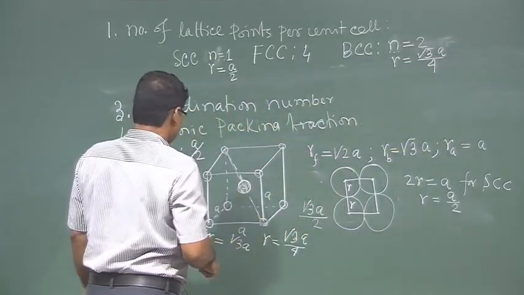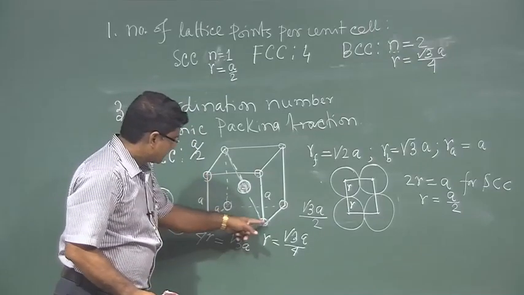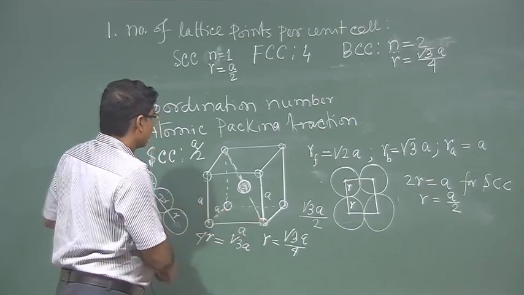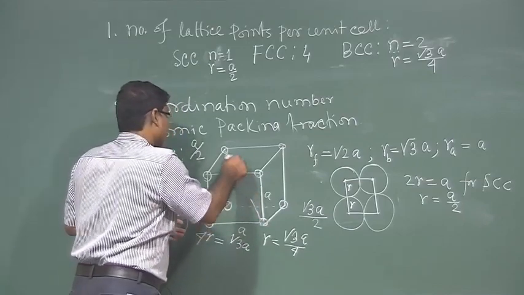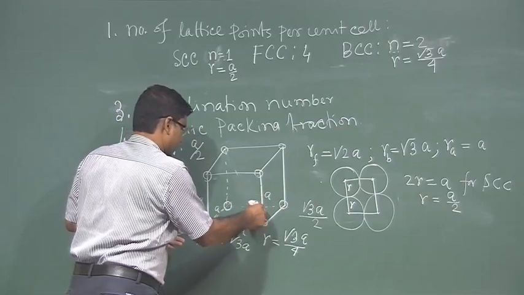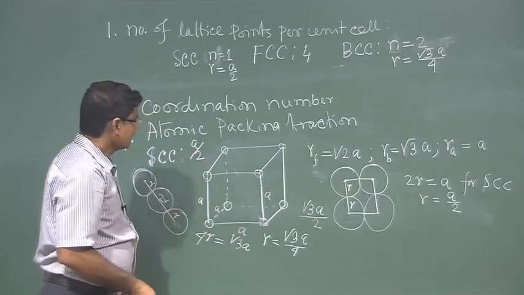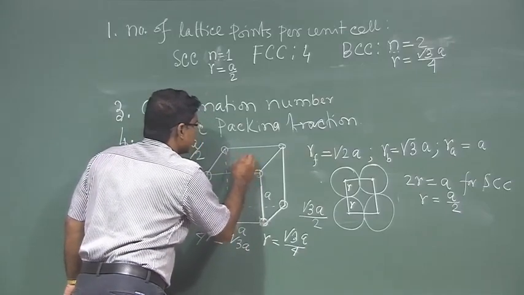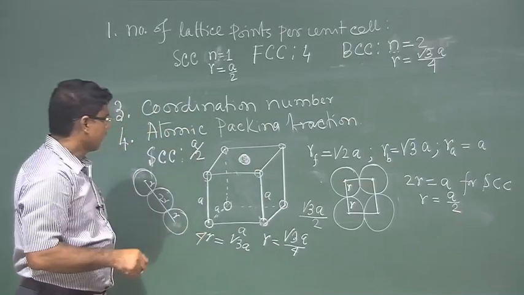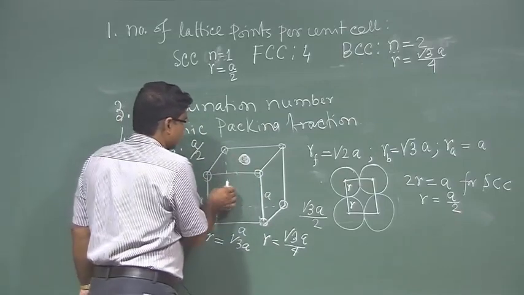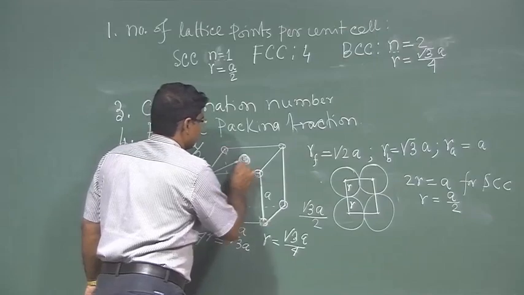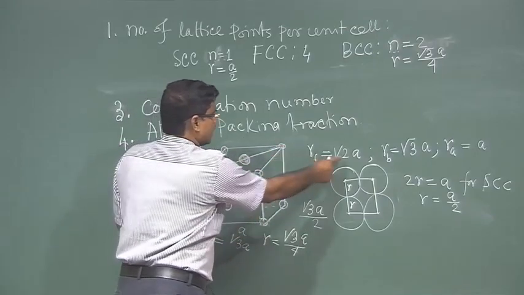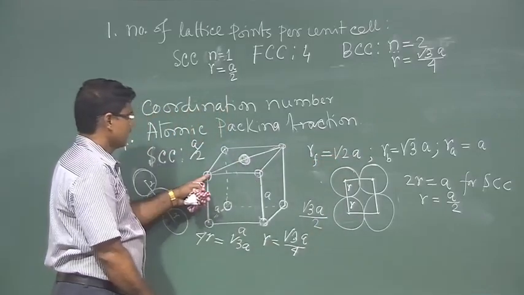And for FCC, when one atom is on the middle of each face there will be an atom, okay, and one can easily see that this distance is basically root 2A, right.